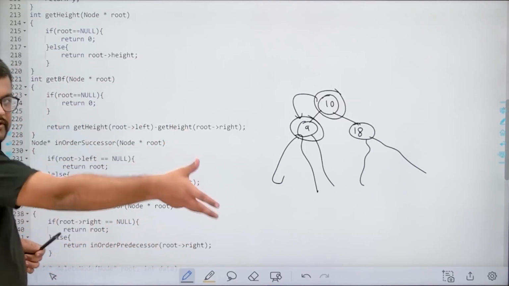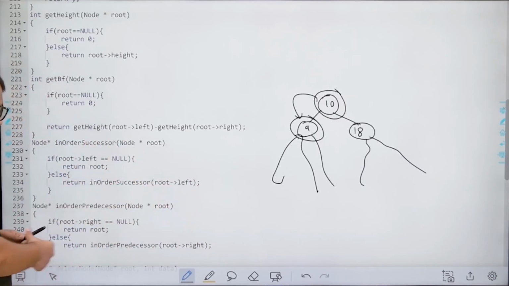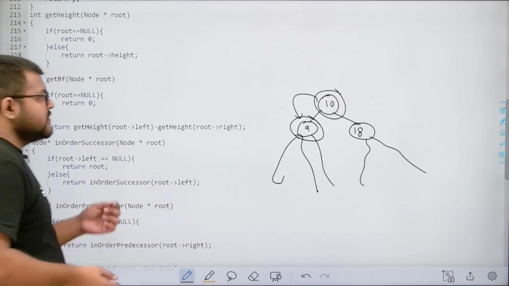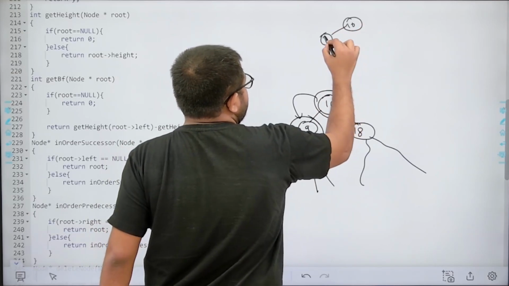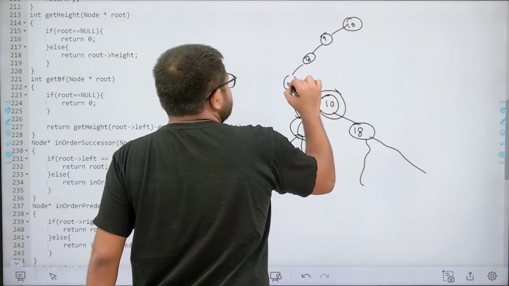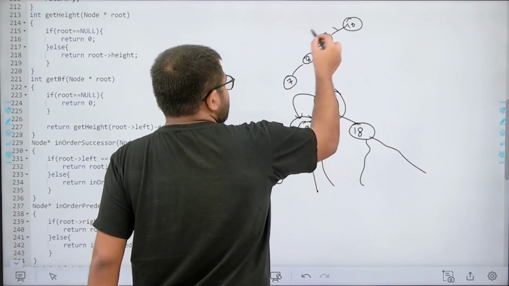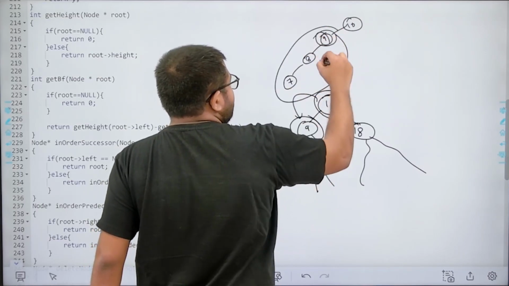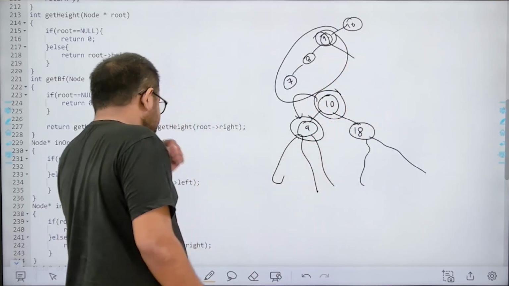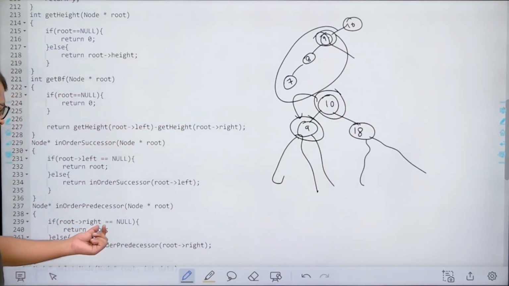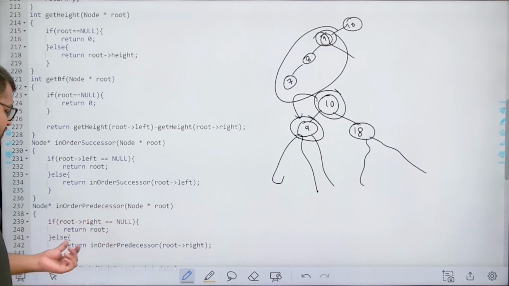If root right is null, then the current value is the largest. For example, it is like this: 10, 9, 8, 7, and so on. So the in order predecessor is this itself, because there is no larger value than this, because there is no right hand side. So we will directly return root if root right is null, otherwise we'll go on the right hand side.